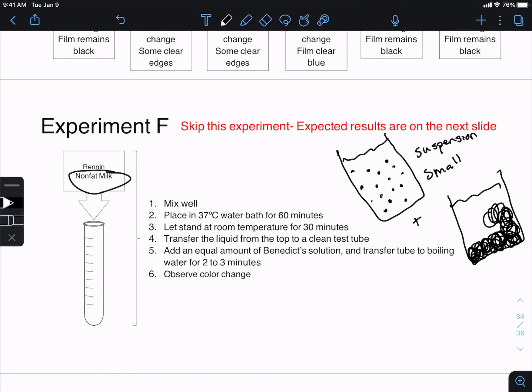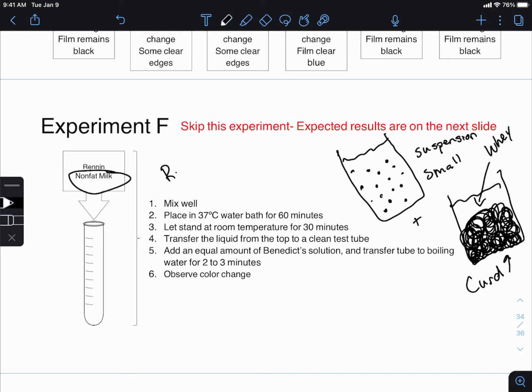And so we end up with this thick substance. You might have heard of curd. That's what this stuff is. The liquid portion on the top is whey. Little Miss Muffet sat on the tuffet eating her curds and whey. That's what it's talking about. Add the renin and you end up getting this curd.